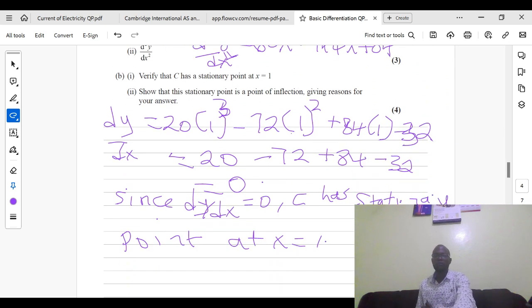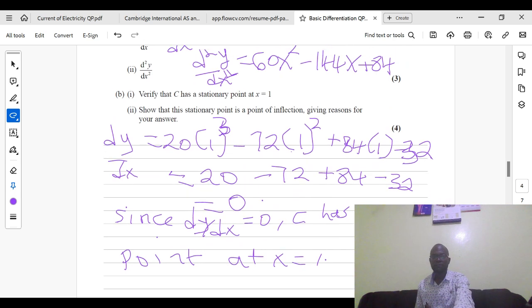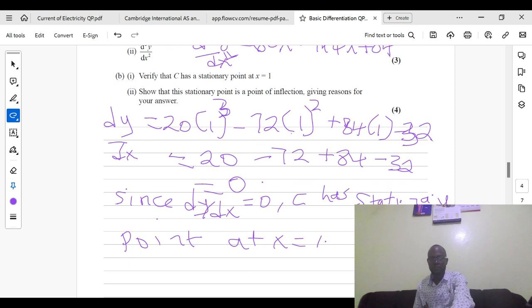We saw that our second derivative is 60x squared minus 144x plus 84.